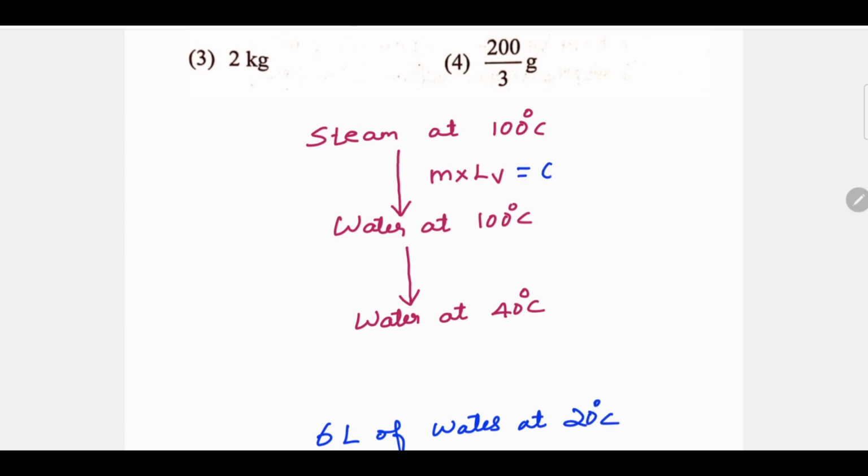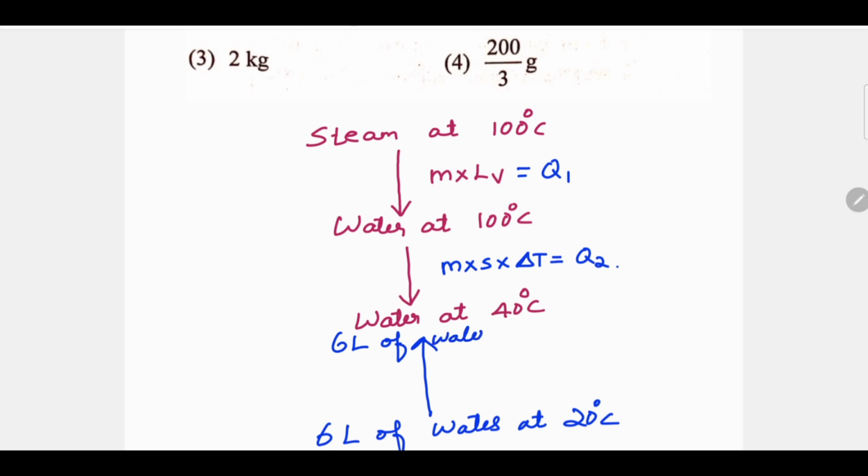So first part of the heat, let it be Q1, and here the temperature change is there, so you can write the m s delta T concept. So M into S into delta T is equal to Q2. Now 6 liter of water at 20 degrees Celsius will also become 6 liter of water at 40 degrees Celsius.